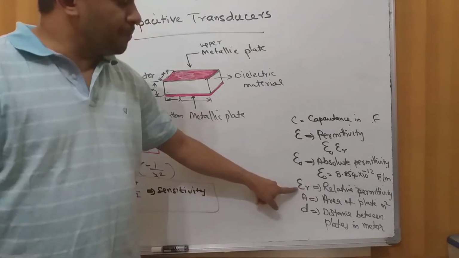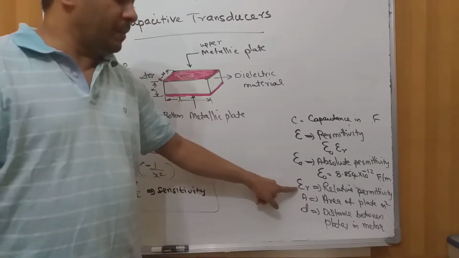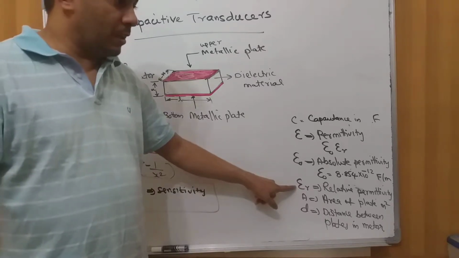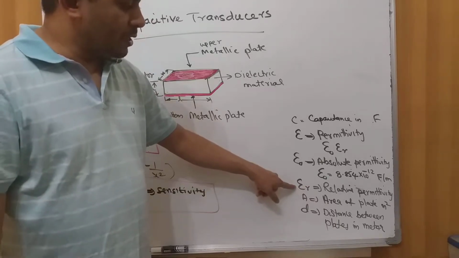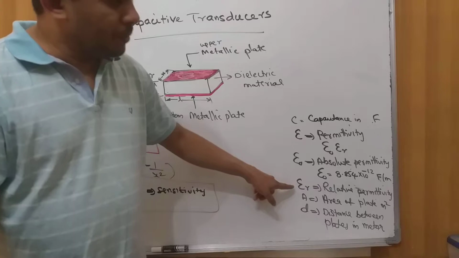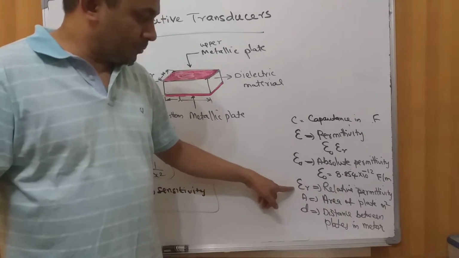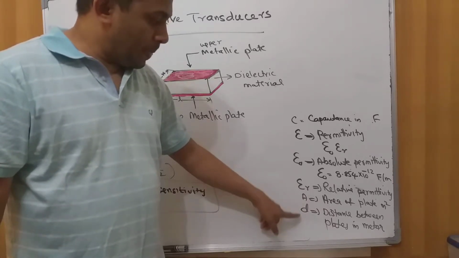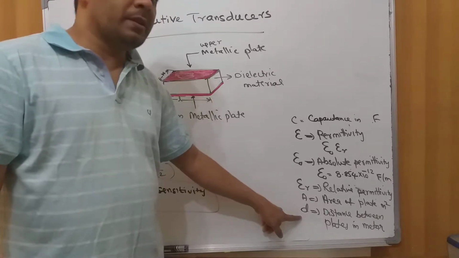Epsilon R is the relative permittivity, which is the permittivity of a medium with reference to air or some other reference. For example, epsilon R of air is equal to 1, because normally we consider the permittivity of a medium with respect to air. Now A is the area of the plate in meter square, and X is the distance between the plates in meters.